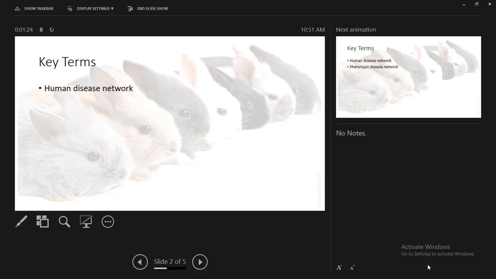What a human disease network does is it takes this to the next level and attempts to create a map in which you can predict comorbidity, in that you know which diseases tend to be comorbid, that is, if you have one, you typically are going to have the other.